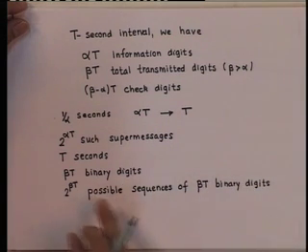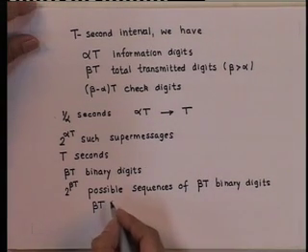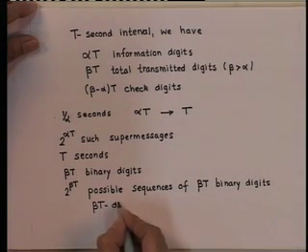And this can be represented as vertices of a beta times t dimensional hypercube.